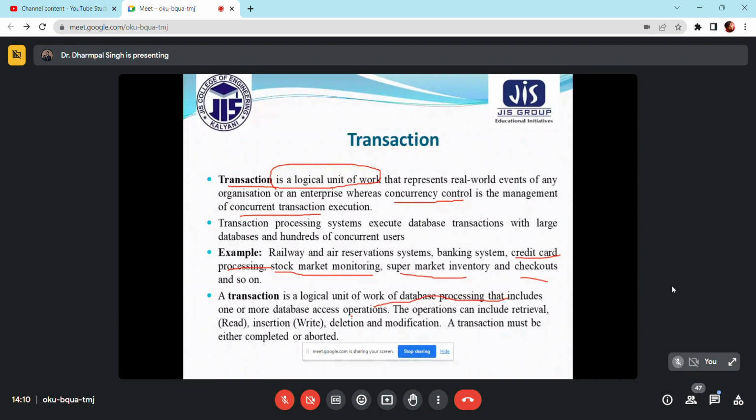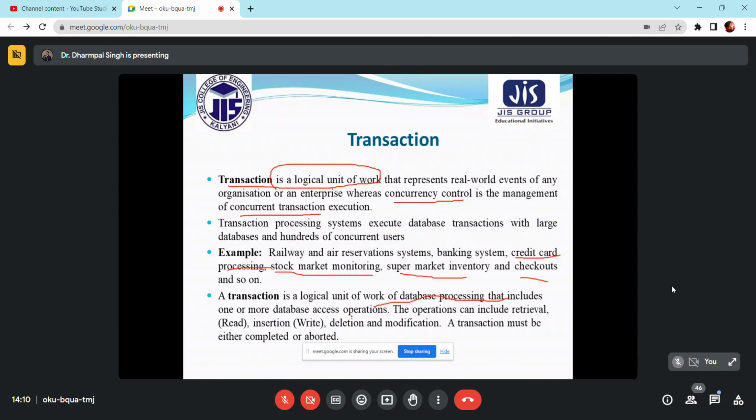So here, in both definitions you can see they are saying logical unit of work. It does not physically exist, but logically we are able to perform the task. When I transfer money from account A to account B, obviously the money will be deducted from account A and credited to account B. So this is the logical unit.